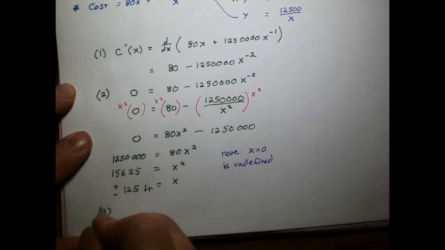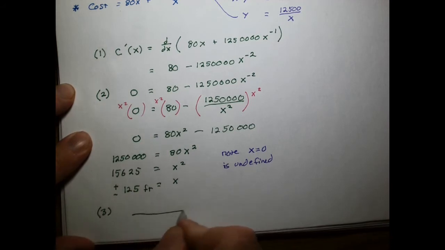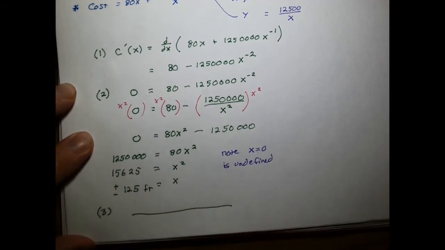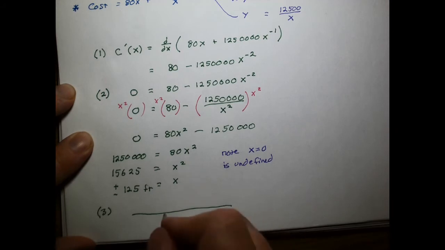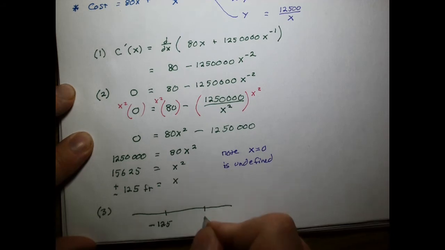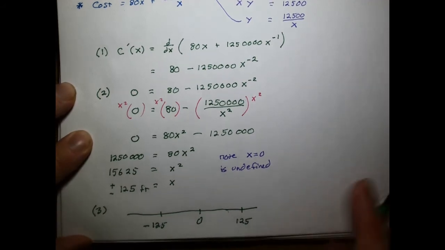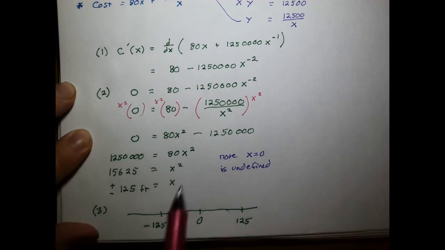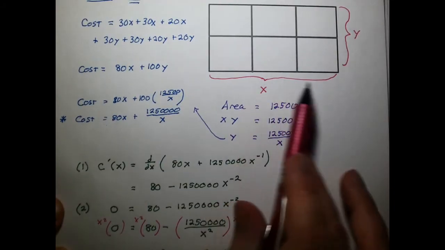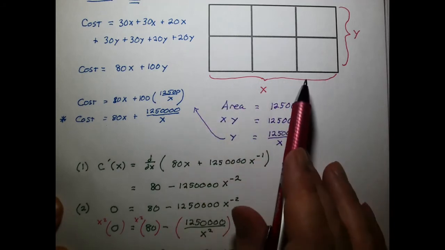Now we need to test this. And we've got three numbers here. Negative 125, 0, and 125. But you might be thinking, wait, negative 125 feet really doesn't make sense for this problem.